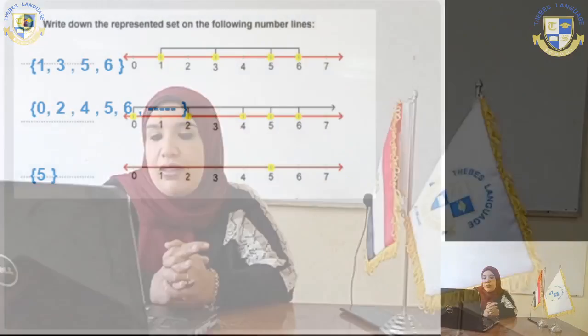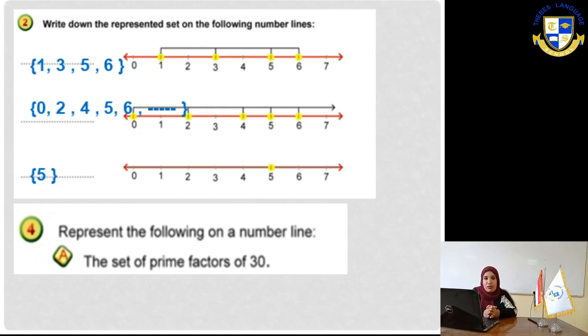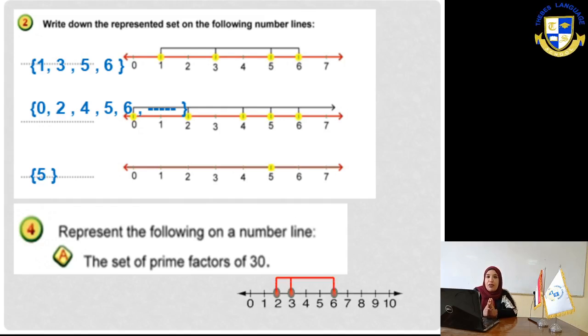Now represent the following on the number line. Set of prime factors of 30. Okay, what are the factors of the number 30? Factors of 30 are the numbers which, when you multiply them, the answer will be 30, but he asked here about the prime numbers. Okay, you can make factorization of 30, or you can think about the factors of 30 which are prime. Now the factors of 30 are 1 by 30, 2 by 15, 3 by 10, and 5 by 6.